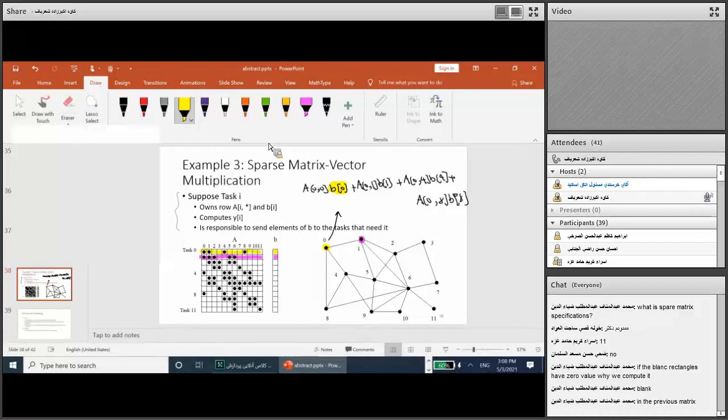Task 0 has B0. But what about B1? B1 is in task 1.